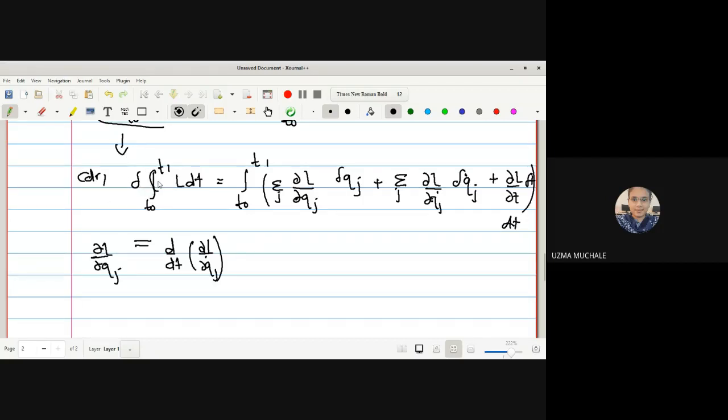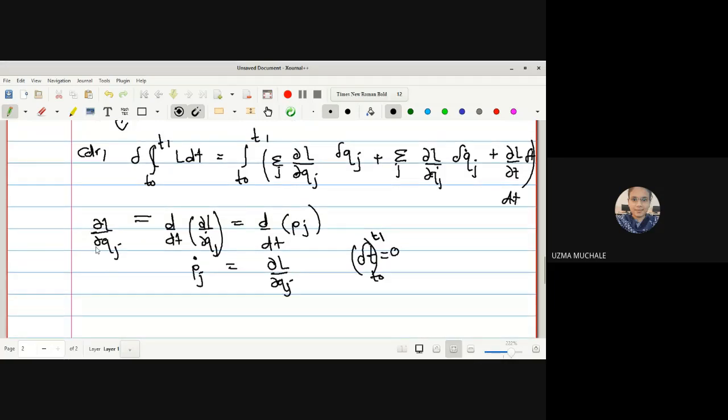That means the first term of equation 4 is d by dt of L with respect to Qj dot, which is nothing but your Pj, and hence we get Pj dot, because the derivative of Pj with respect to t is Pj dot, which is equal to dou L by dou Qj. And we know that small delta variation in t is 0 within the limit t naught to t1.